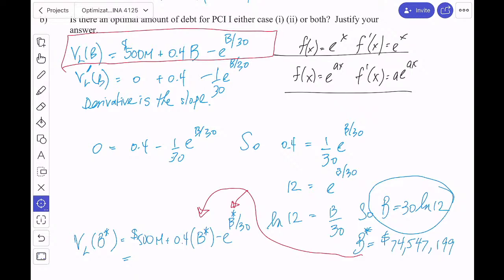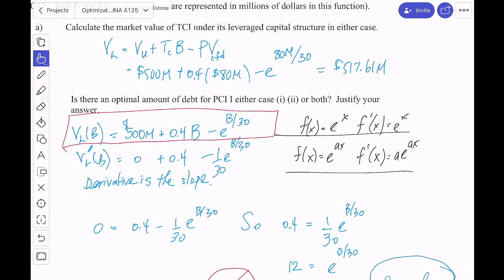Because the other one up here went beyond the maximum. So the one that we get now will be a little higher because it's the optimal level. Right? So if we think of it as a curve, then B star would be here, but we went over B star because we put in 80 million and B star was 75 million.